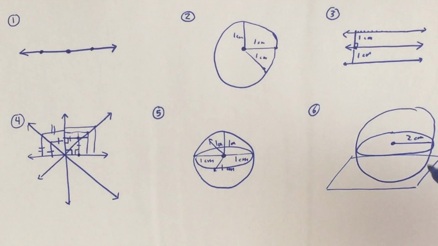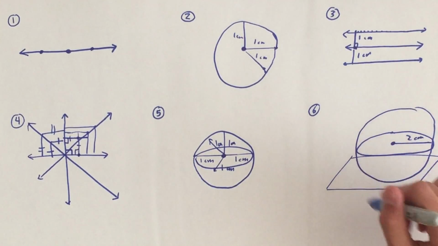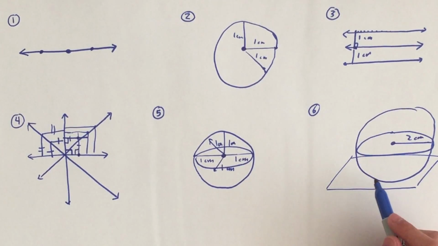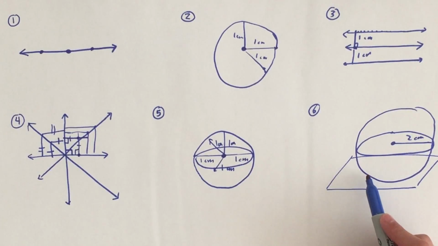Now you have a sphere that's the set of points that are 2 centimeters away from this point, and that's satisfied one of the conditions. And now you have to satisfy the other condition, which is that it has to be on the plane. So now it's pretty obvious that the set of points on the sphere that intersect the plane is that locus.